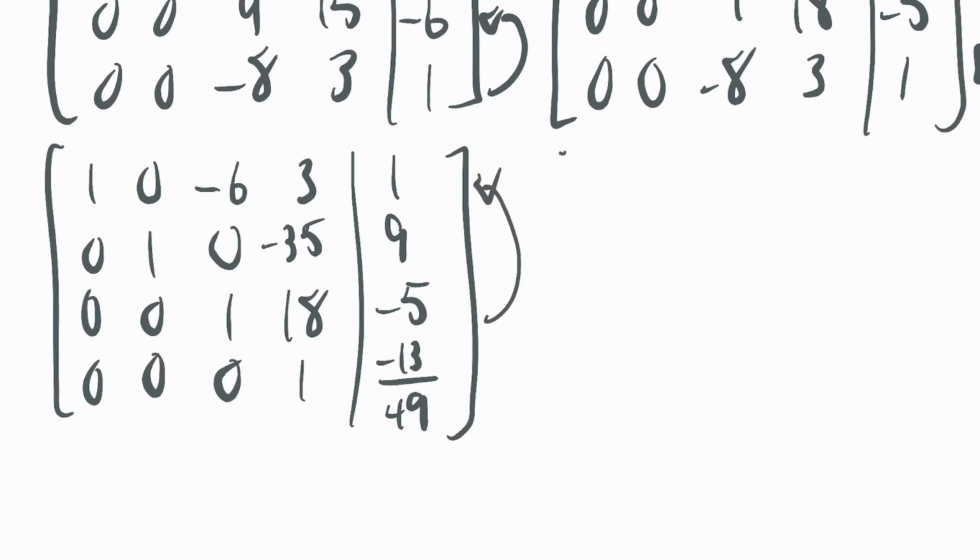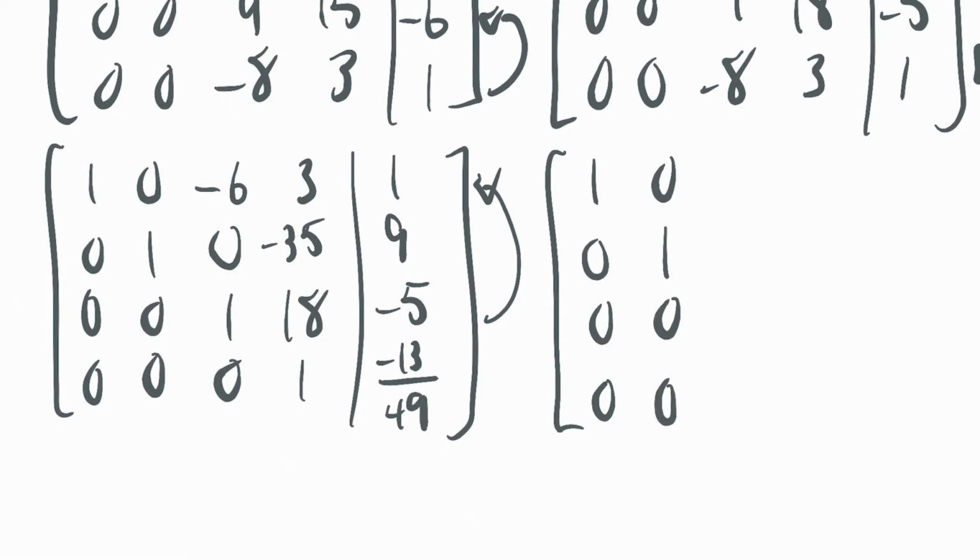This becomes 0, of course. 6 times 18 plus 3 is 111, so we get 0 and then 111.